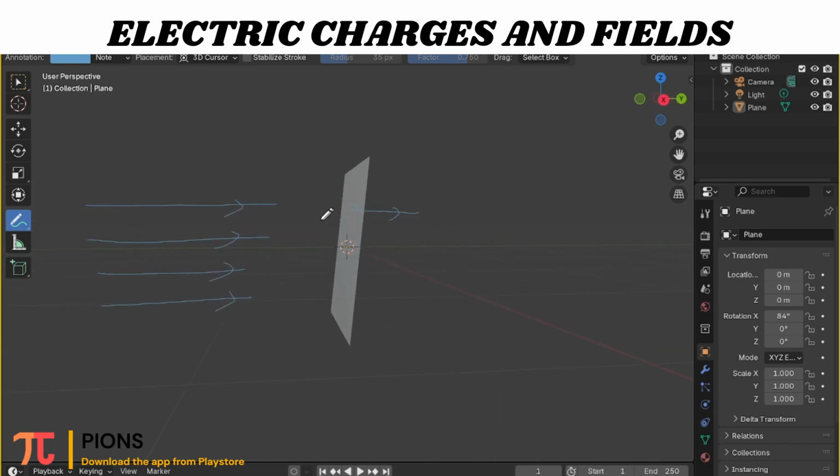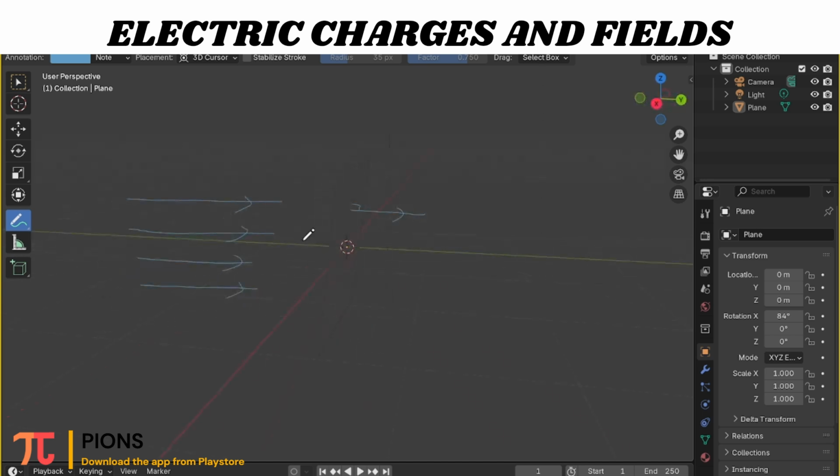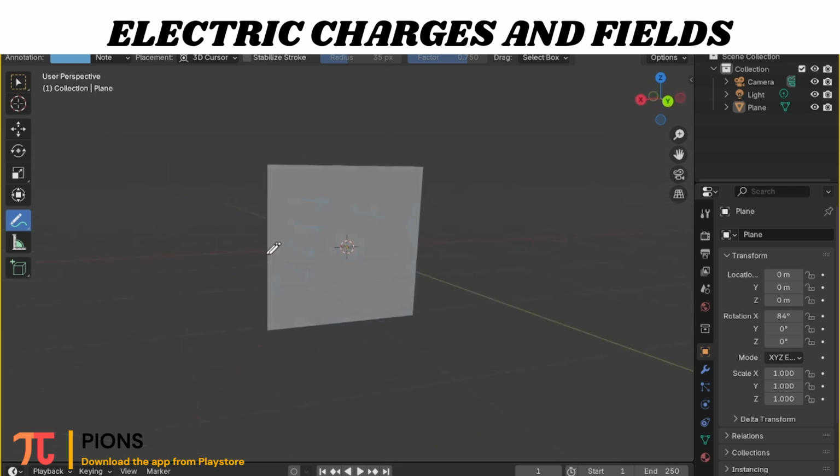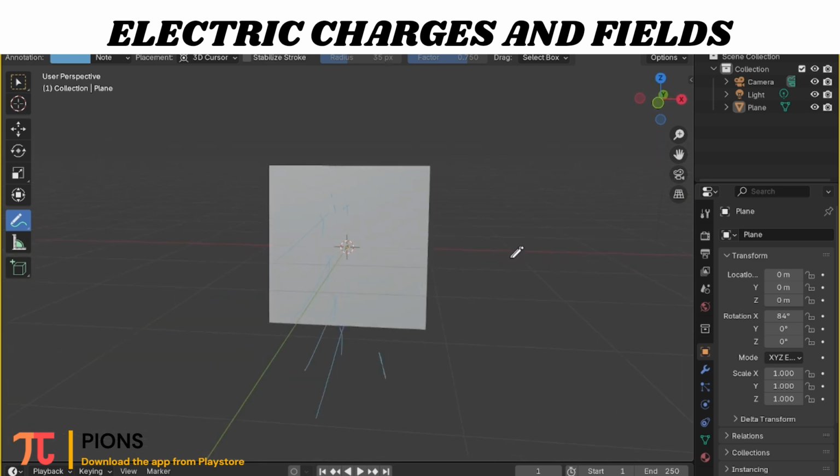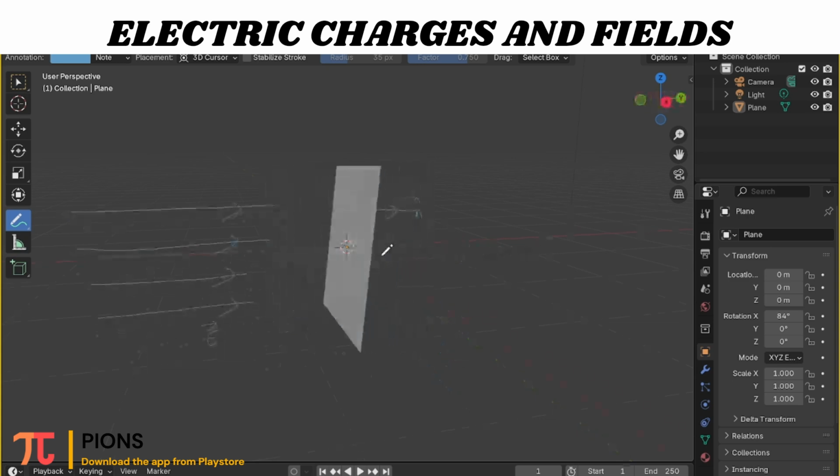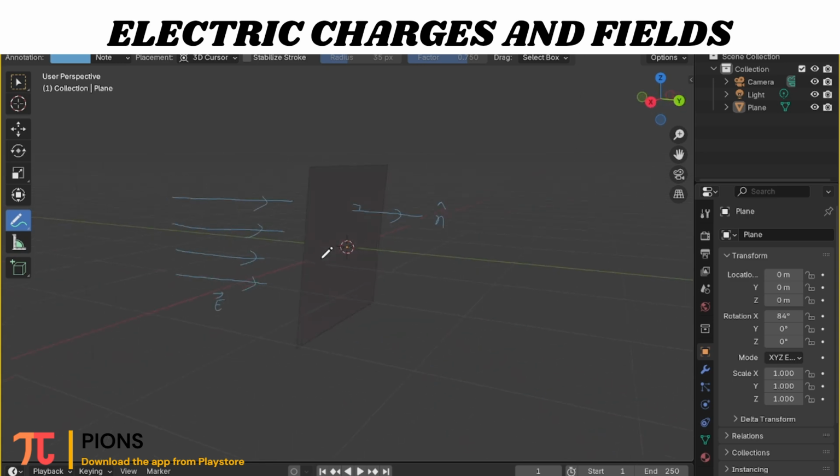Between the normal n cap and electric field, the angle is how much? 0 degree. And in this case, maximum flux will pass through this shield, right? Theta here is 0 degree. So cos 0 is 1, right? So flux phi is E dot A.